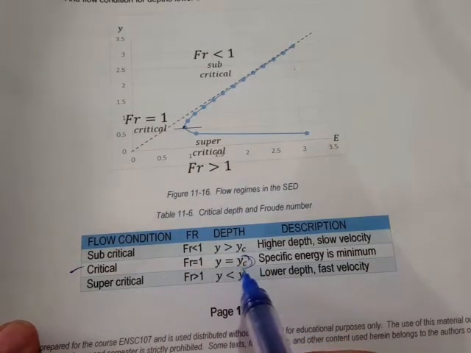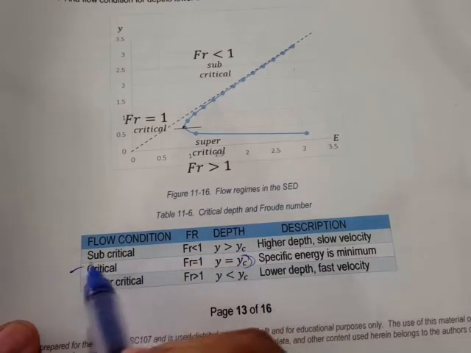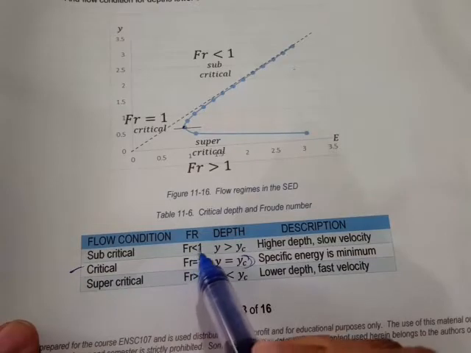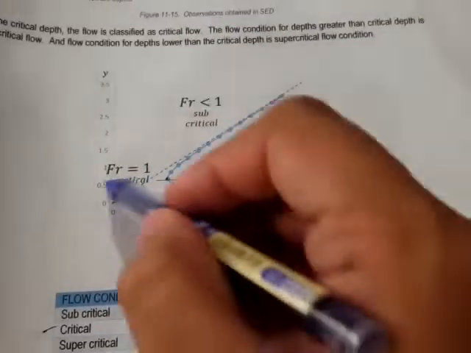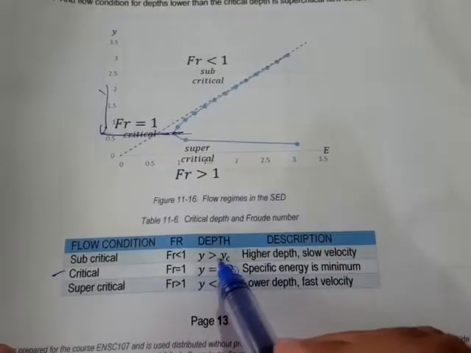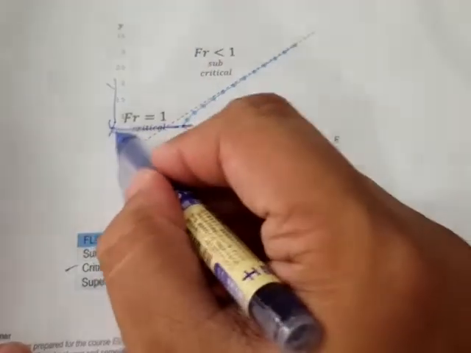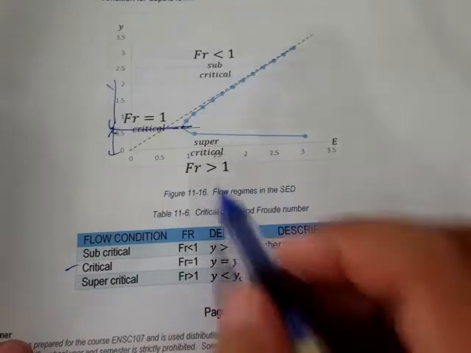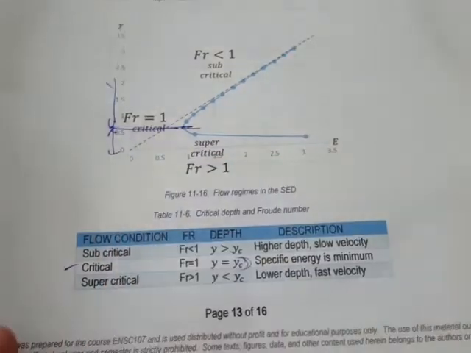Take note, Y sub C. And when you say subcritical, the flow number is less than 1, and the depth is of course greater than the critical depth. And for supercritical, the depth is lower than the critical depth.